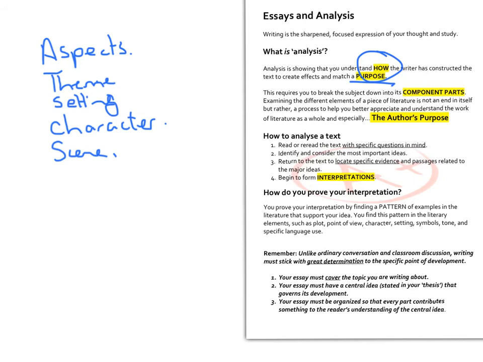All of those are the component parts that you need to be prepared for in an examination situation. Next, of course, you need to locate specific evidence, your quotes, your examples, to begin to form your interpretations.